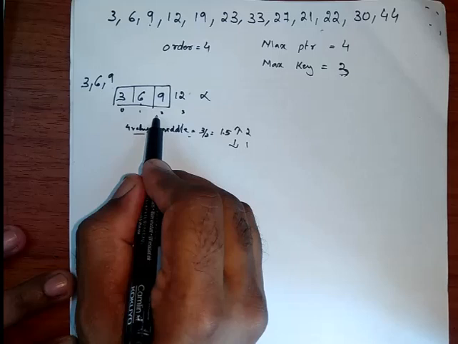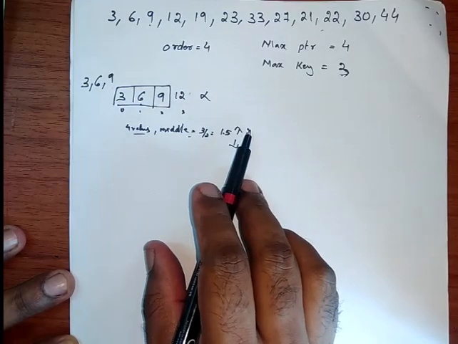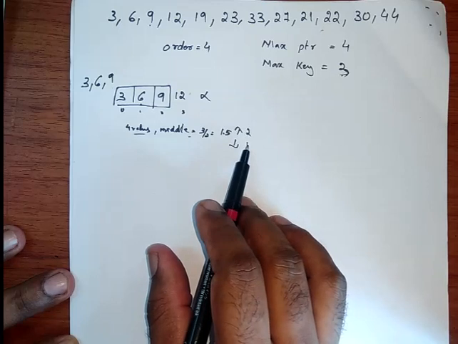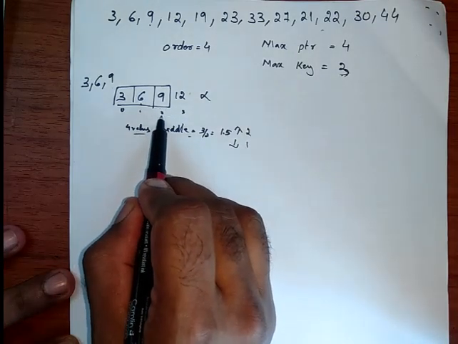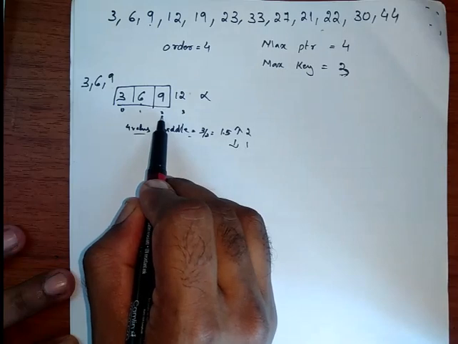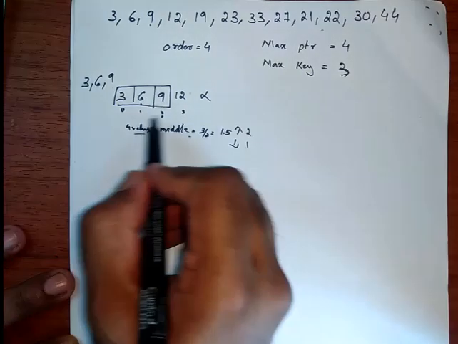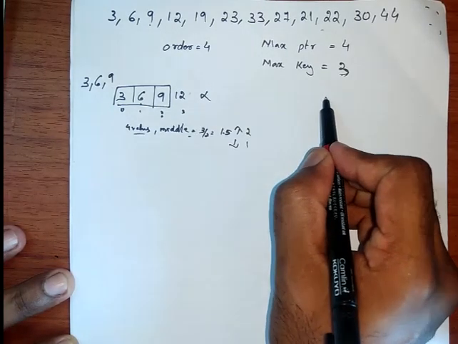Here I am taking round up, that means I am taking index value 2 as the middle one. The tree will be different if you select 2 or 1. If you select 1, that is 6 as the middle value, you will get another tree, but you have to follow the same rule for the entire tree construction. So I am selecting 9 as the middle value.